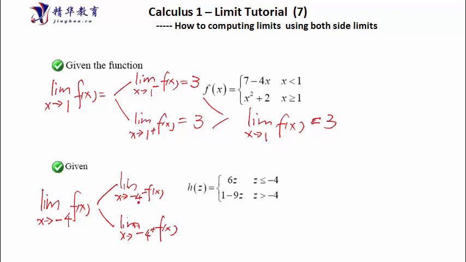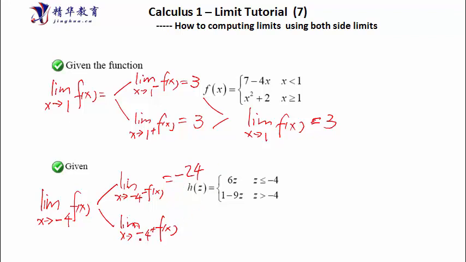x goes to negative 4 negative, that means a little bit less than negative 4, which goes to here. Sorry, it's z. It doesn't matter actually, x and z are the same thing, all unknowns. So z going to negative 4 gives 6 times negative 4, which is negative 24.